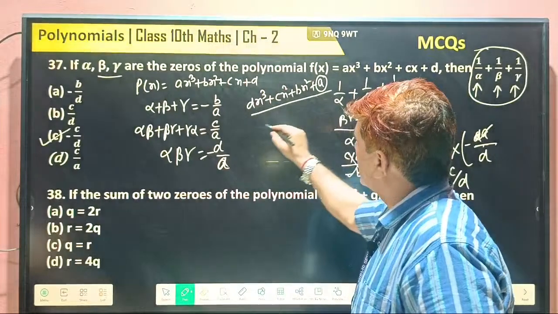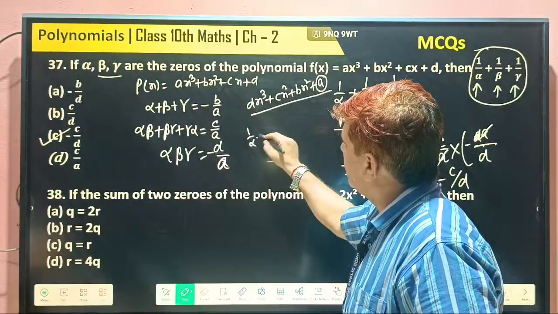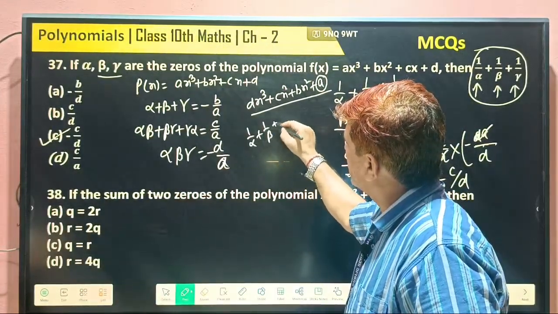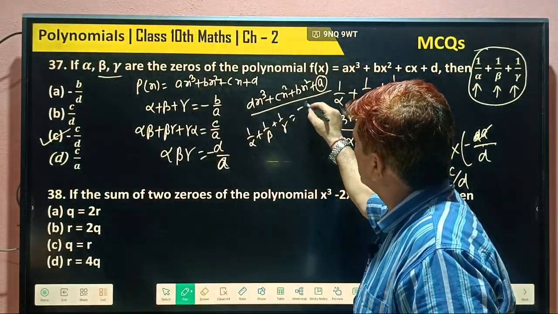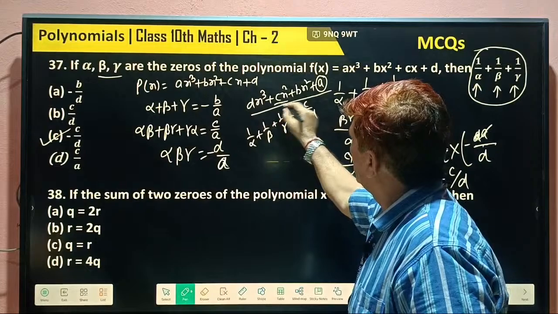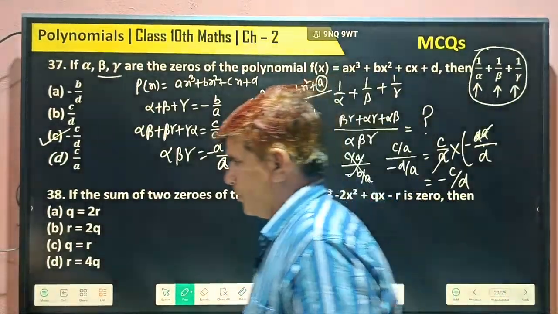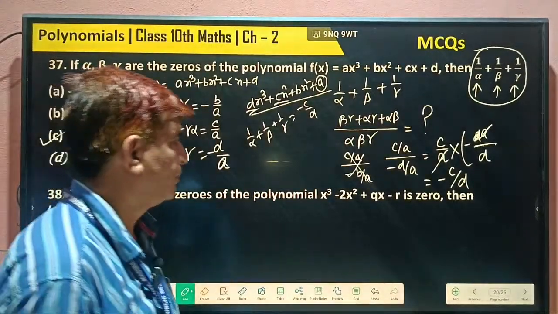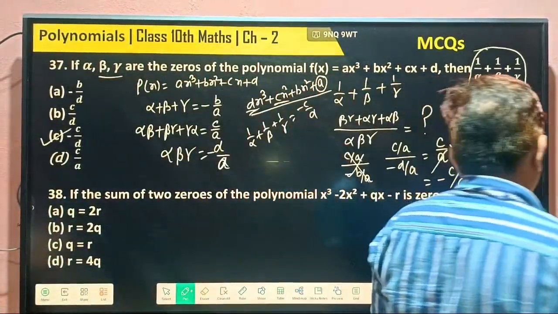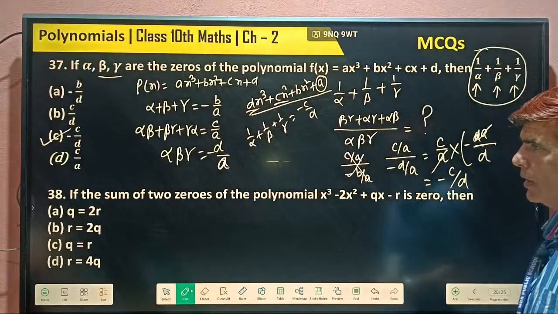So 1 by alpha plus 1 by beta plus 1 by gamma is equal to minus b by a. What's your c by d? What's b here? What's a here? That depends on you. What do you want? I told you both methods.